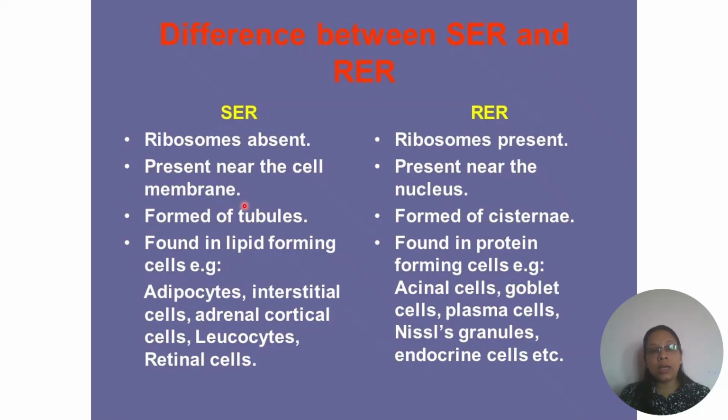Structurally, SER shows presence of tubules, whereas RER is formed of cisternae. SER is majorly found in lipid forming cells like adipocytes, whereas RER, as it shows presence of ribosomes, is found majorly in protein forming cells. Majorly means in large quantity.